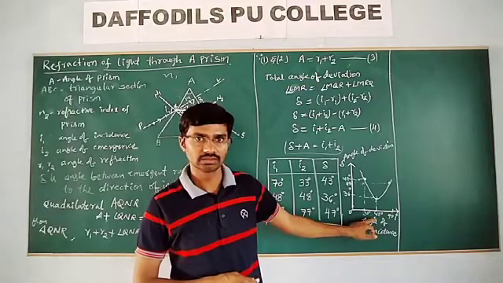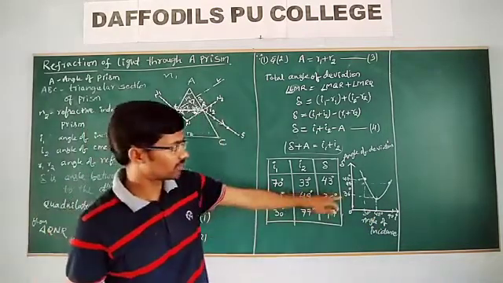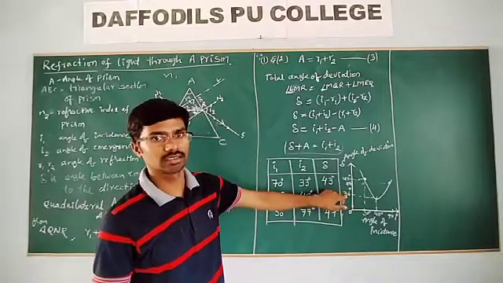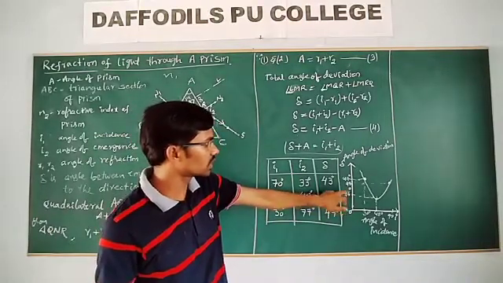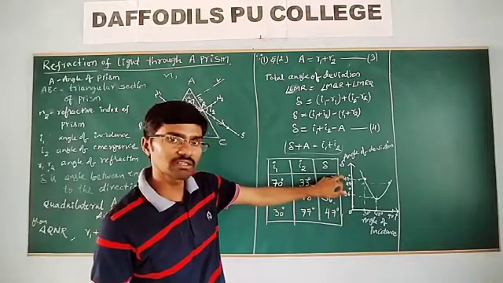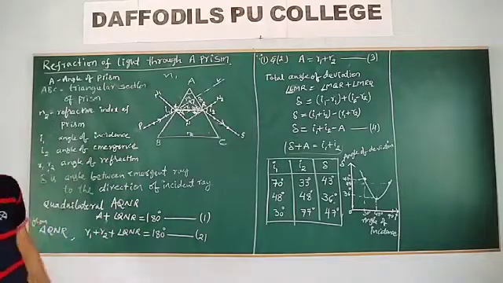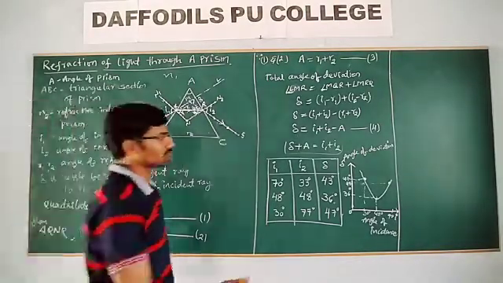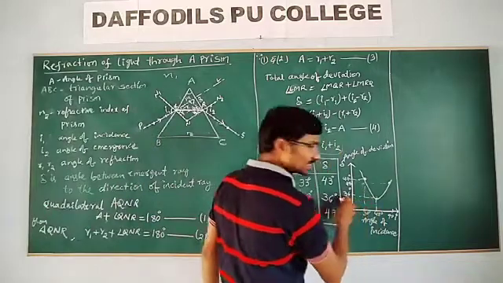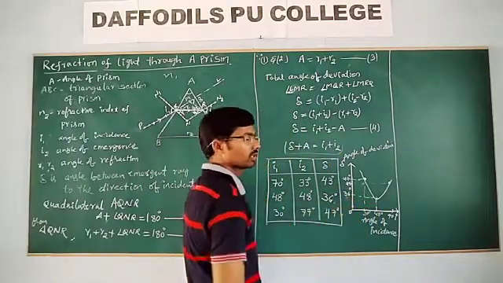Where is it minimum? What is that minimum value? 36 degrees. This deviation we call the angle of minimum deviation. For this prism, we have taken an equilateral triangular section of a prism, and 36 degrees is the angle of minimum deviation.